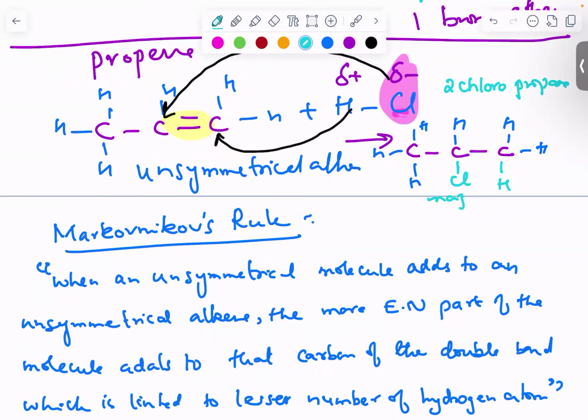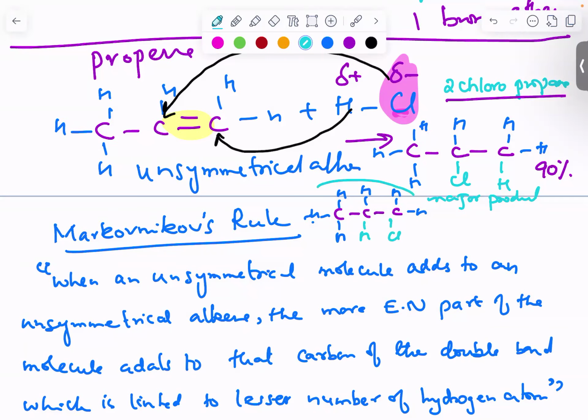It is a major product, and the minor product would be the wrong way. But don't say that it will not form. It will form, but let's suppose 90% would be 2-chloropropane and 10% would be, let me write better, 1, 2, 3, with hydrogens here, and now H and Cl, that is, this one is 1-chloropropane.